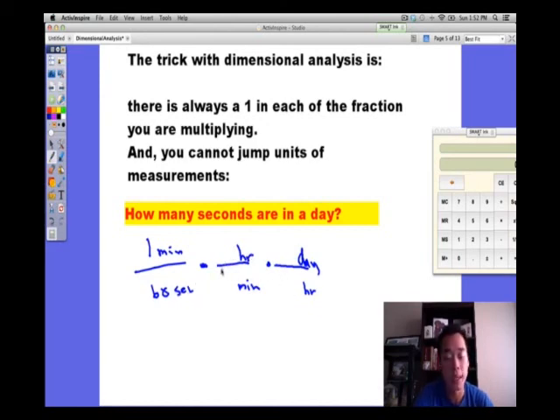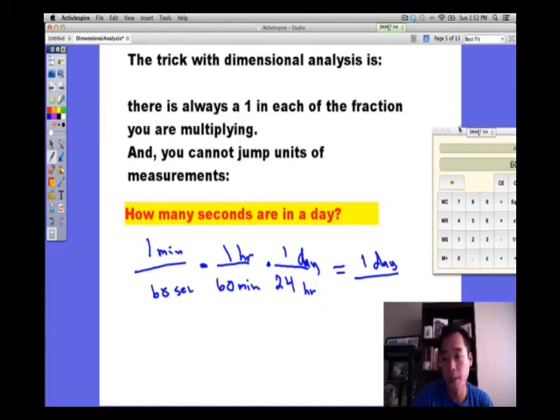Quickly check, minute cancels out with minute, hours cancels out with hour, what's left is days over second, which is what I want. Now let's go in and put in our unit. For every 1 hour, I know there's 60 minutes. For every 1 day, there's 24 hours. And then from here, we just multiply straight across. In my numerator, 1 times 1 times 1 is 1 day. In my denominator, 60 times 60 times 24.